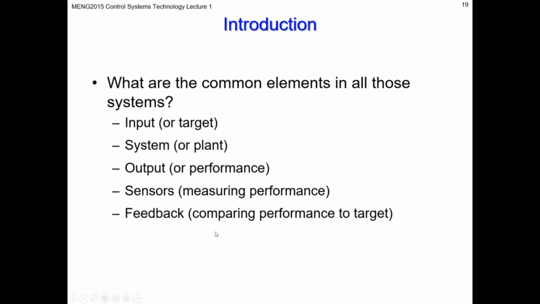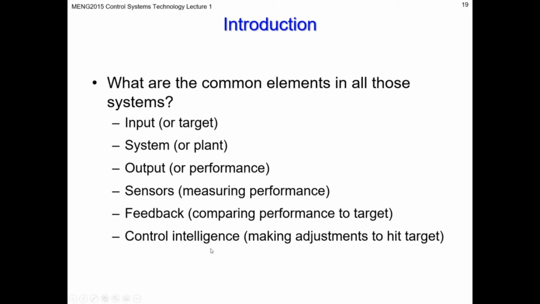And then you're also always going to have a comparison between the current state and the desired state. So you've got your set point, your input is the desired, the sensors give you the measured performance, and the feedback is the difference between the two.